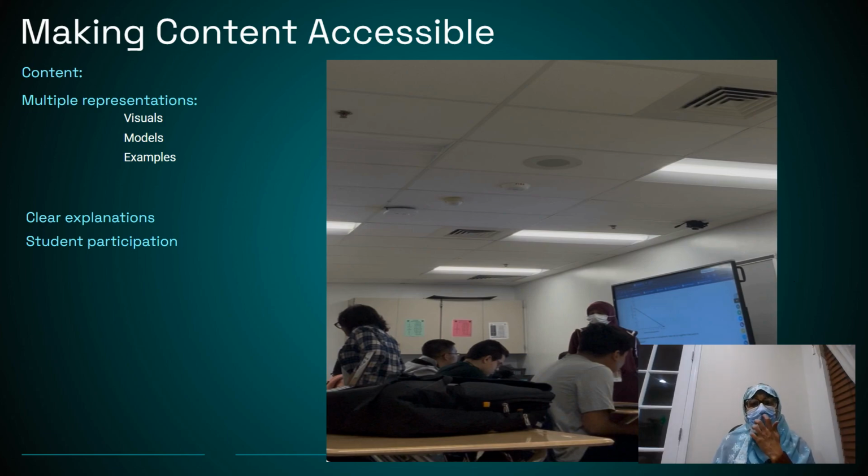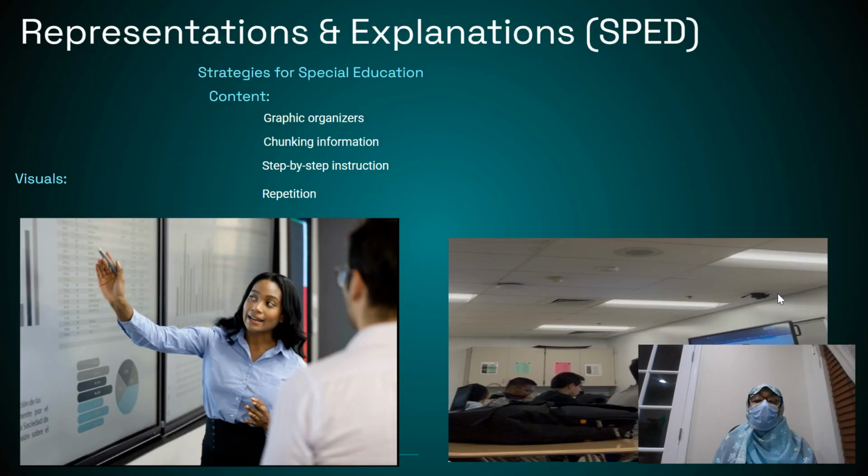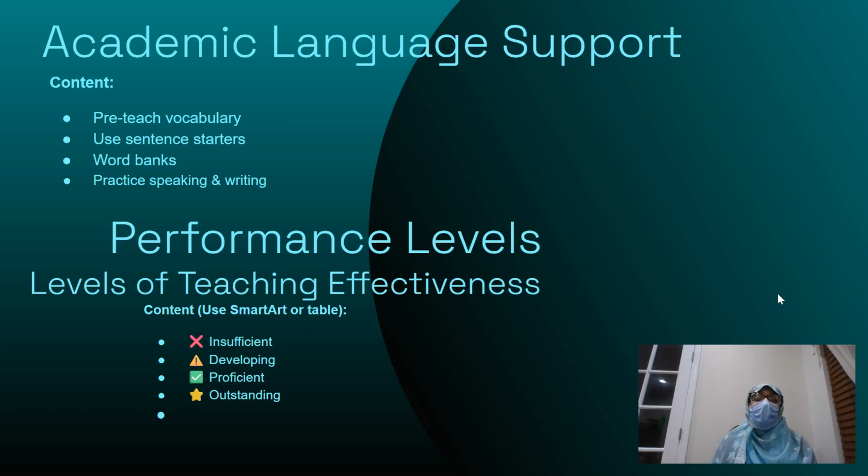You could see here we have more staff, more than one content teacher. We have paras and special ed teachers and the content teacher, and that would make special ed easy, and how we chunk it down step by step, with repetition and academic language support.